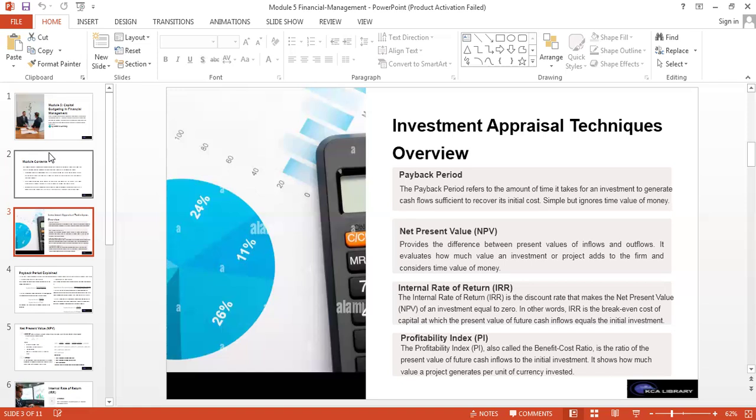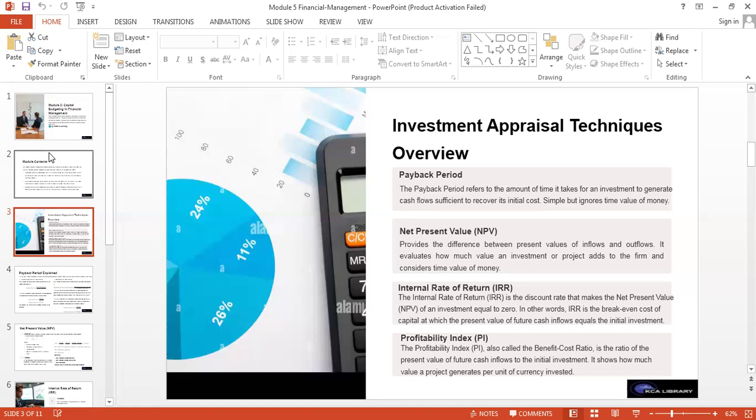It is the discount rate that makes the net present value of an investment equal to zero. That is, IRR is the break-even cost of capital, at which the present value of future cash inflow equals the initial investment. We'll look at it practically, and we have a number of calculations here.